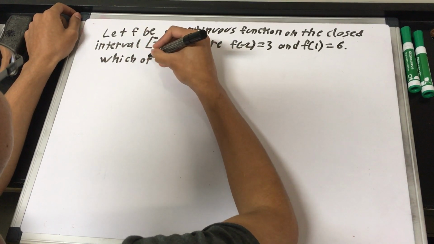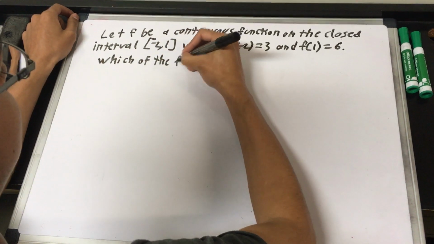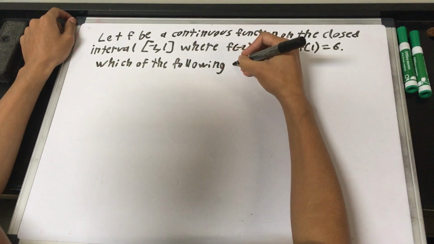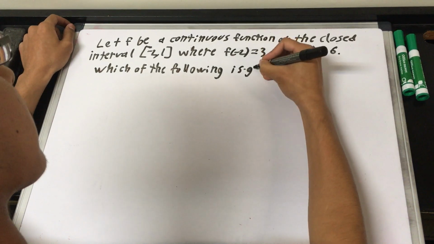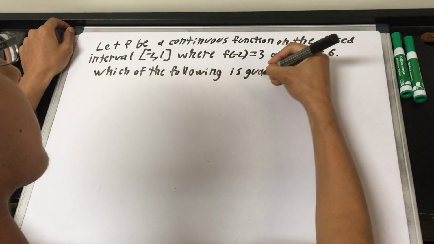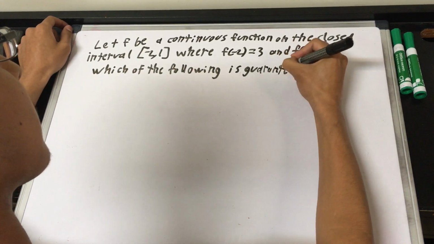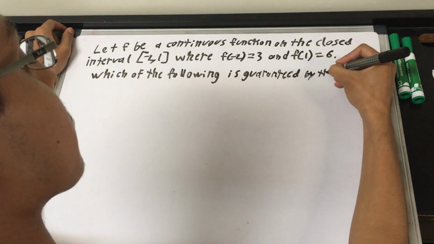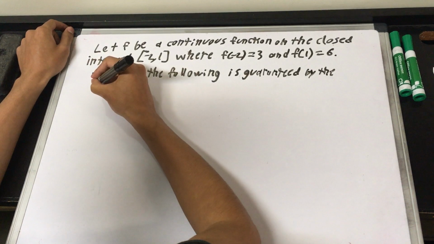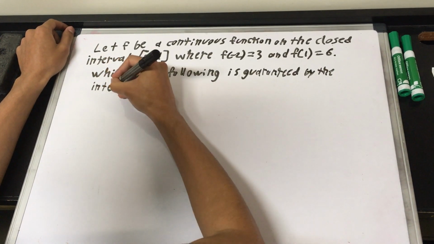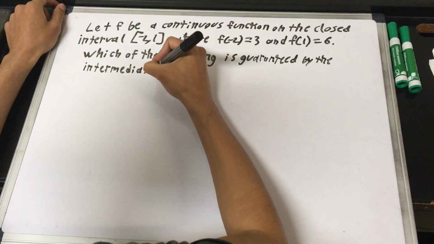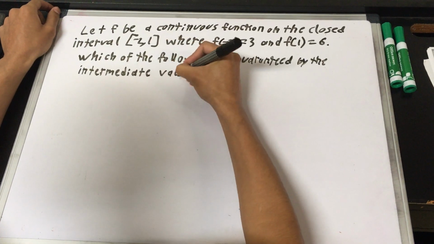Which of the following is guaranteed by the intermediate value theorem?